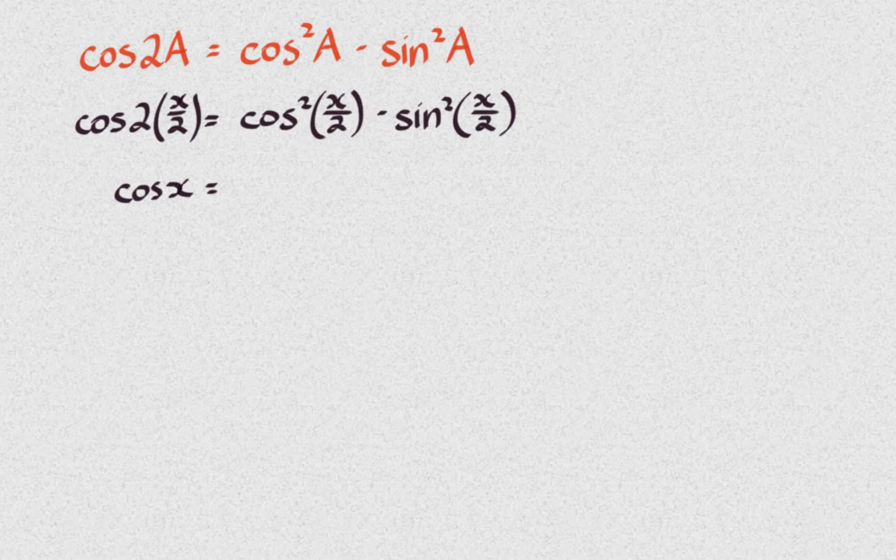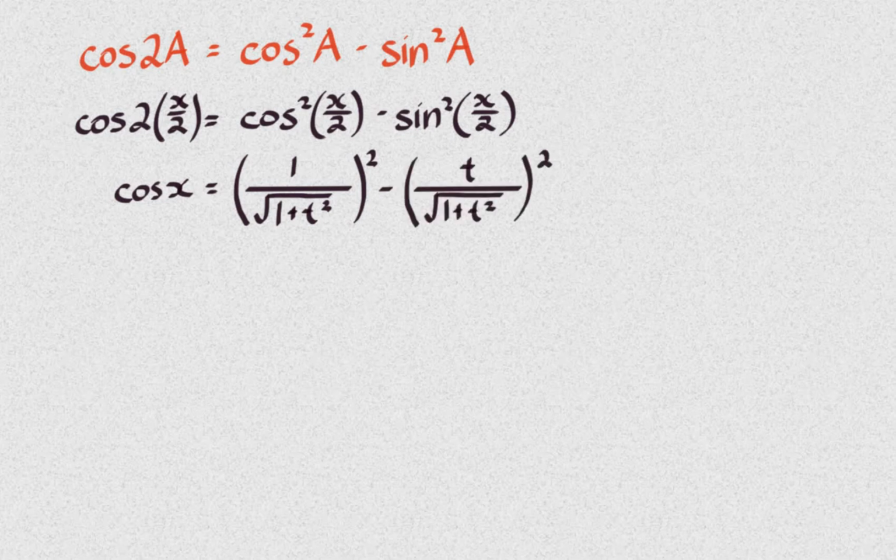Well, we have cos of x on 2 all squared, and we know that cos of x on 2 is 1 over root 1 plus t squared, so we can square that. And then we also know what sine of x on 2 is. It's t over root 1 plus t squared, and so we're going to square all of that.